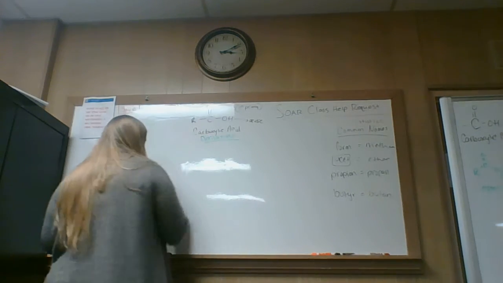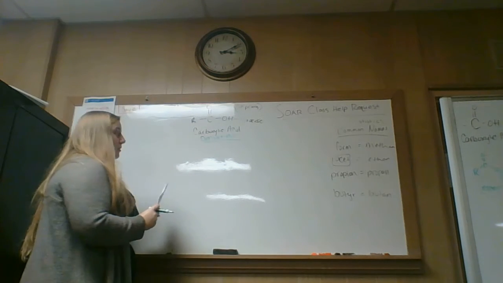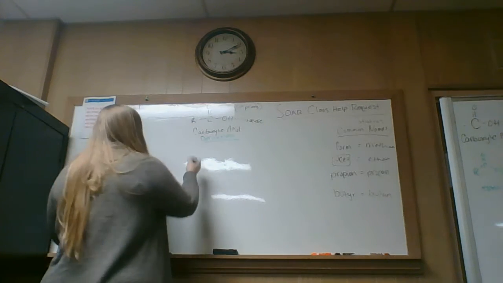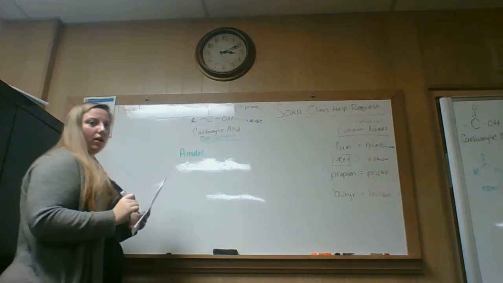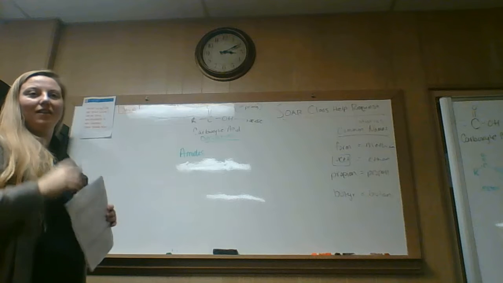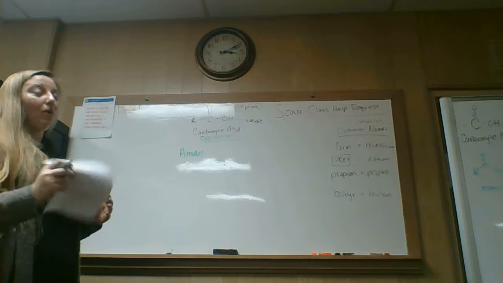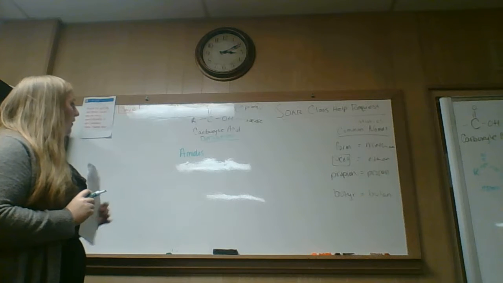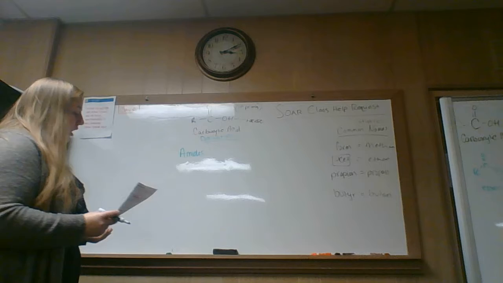Okay. This one you may or may not be familiar with from regular chemistry. I think it depends on who your professor was. Amides. Any familiarity with amides? Except there is an N. So some people might get this confused with amines. They are very closely related.